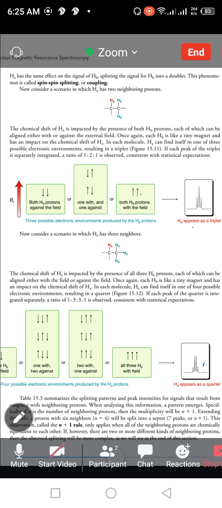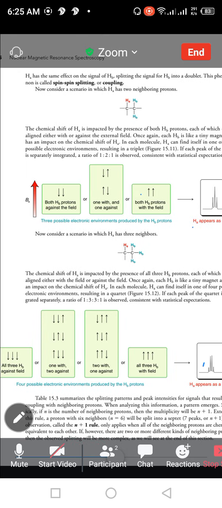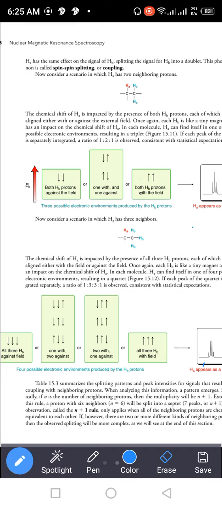Chemical shift of the Ha is impacted by the presence of all three Hb protons, each of which can be aligned with the field. This is the second example.